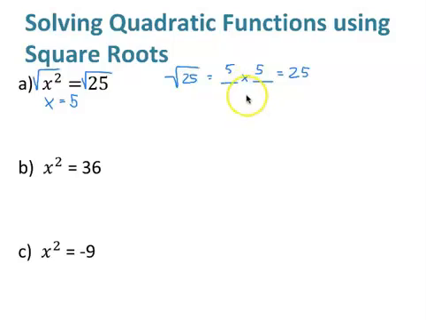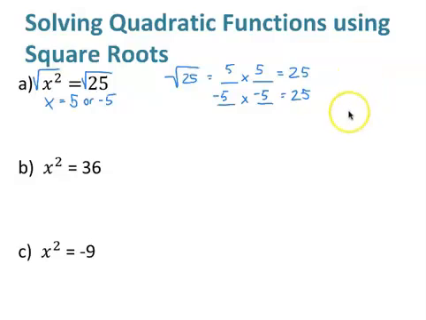Are there another two numbers that, when we multiply them by themselves, will give us a positive 25? Yeah, negative 5 and negative 5. So not only is the square root of 25 equal to 5, but it's also going to be negative 5.